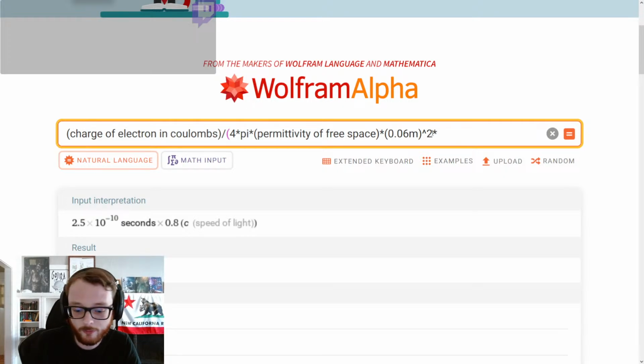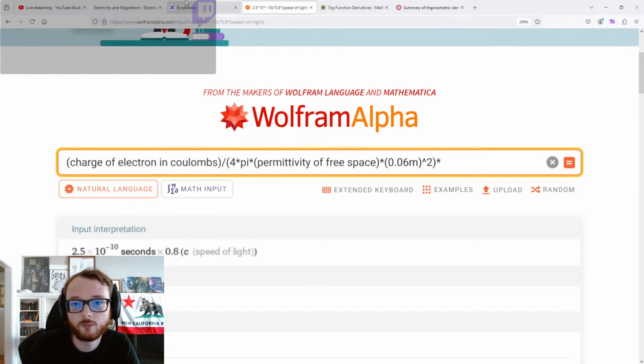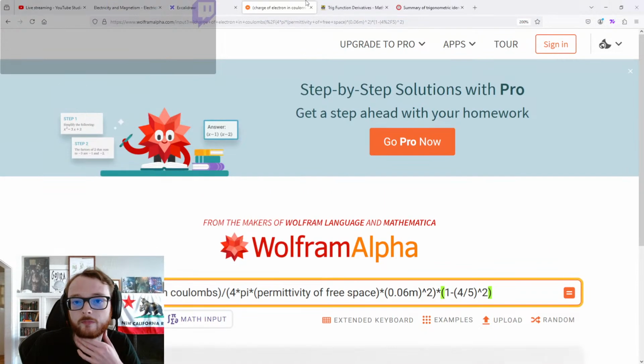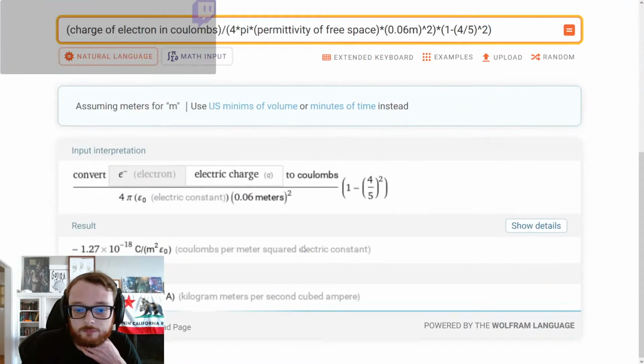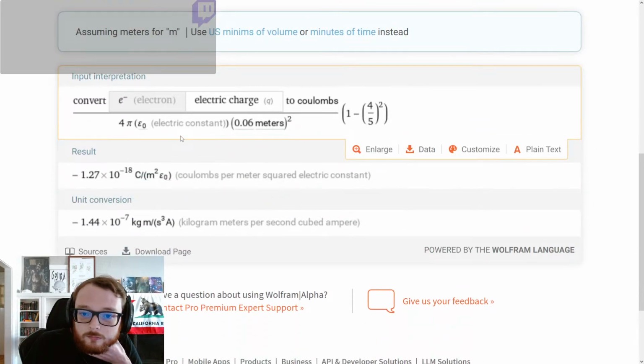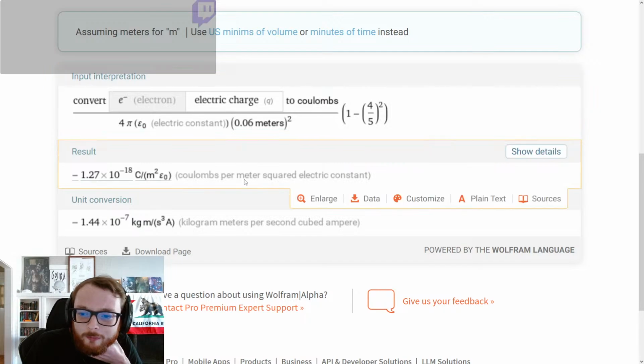I need to close my parentheses. Times 1 minus 4/5. Oops, the 4/5 itself is squared, not the entire thing. Coulombs per meter squared, electric constant? I don't think it.